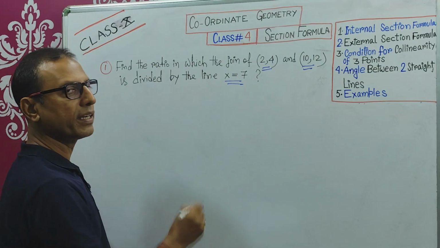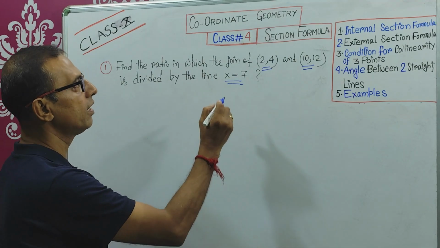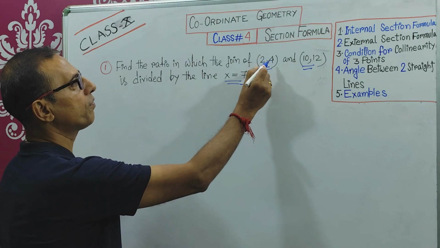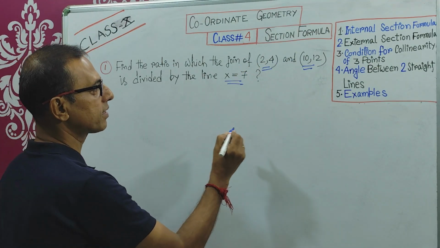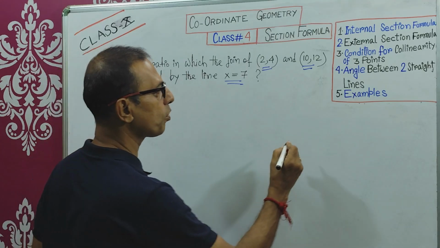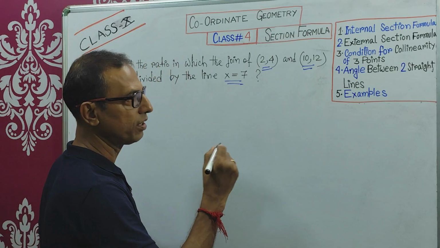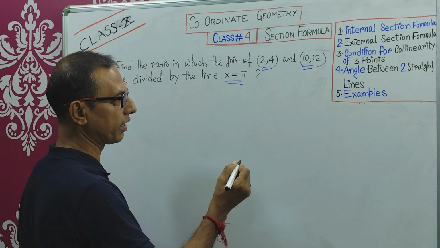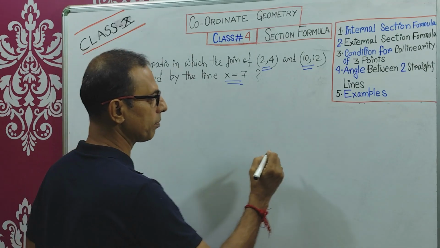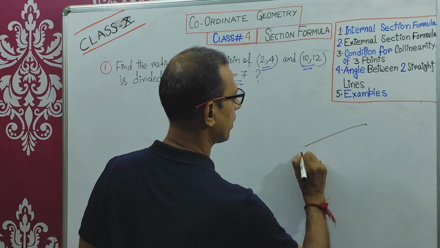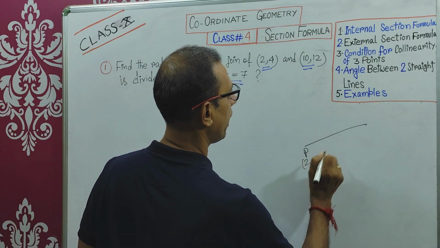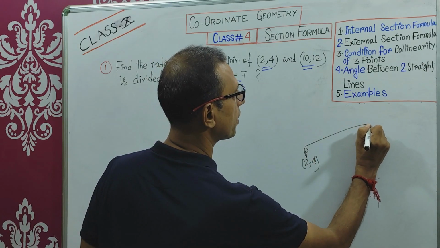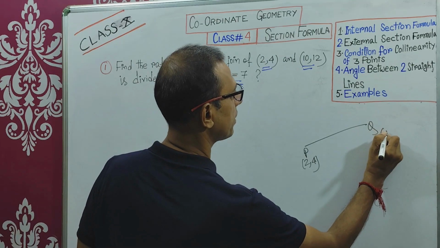So the equation of the line is x equals 7. You don't need to draw any diagram while you solve the problem, but just for your understanding, I am doing it for this one problem. Let's say there is one line with P whose coordinates are 2, 4 and Q whose coordinates are 10, 12.